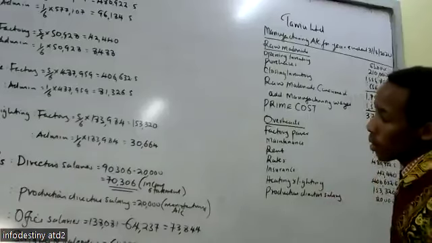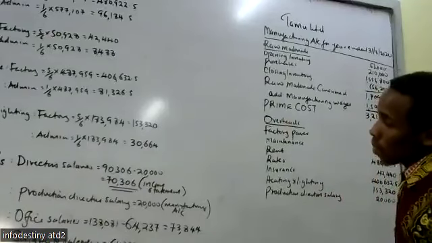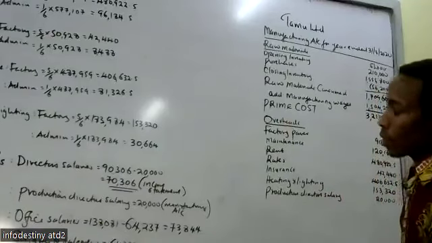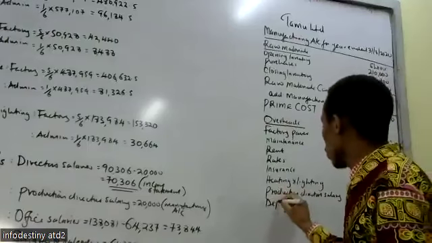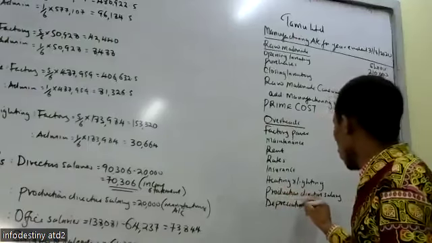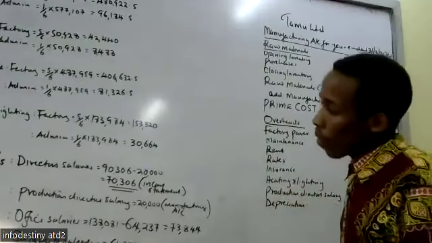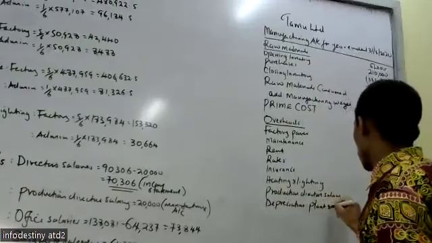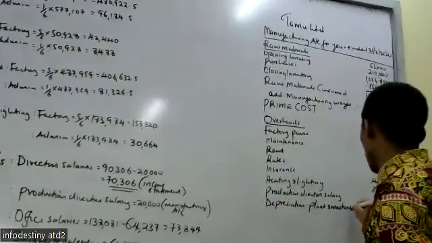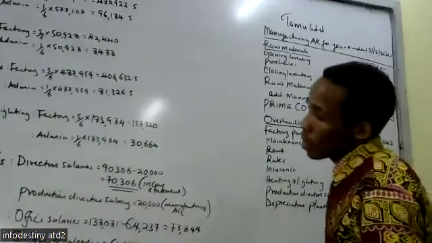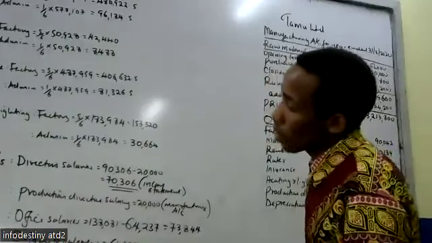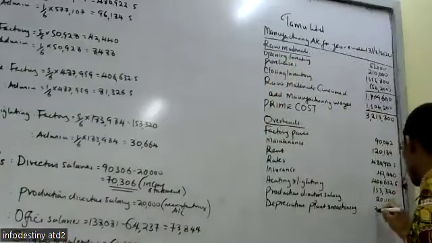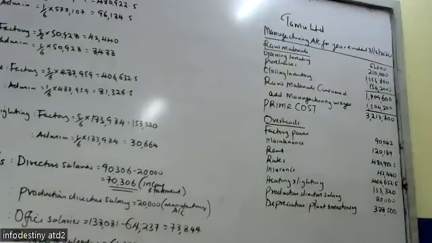From there, we will pick depreciation, and the depreciation is only for plant and machinery, which is 328,500.